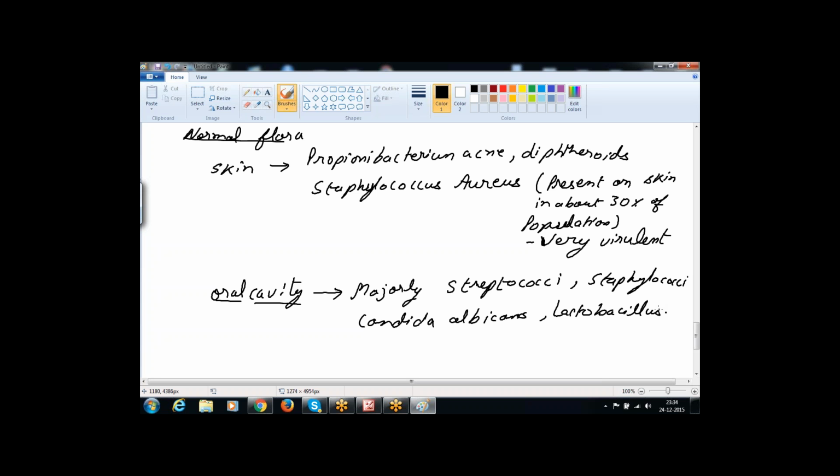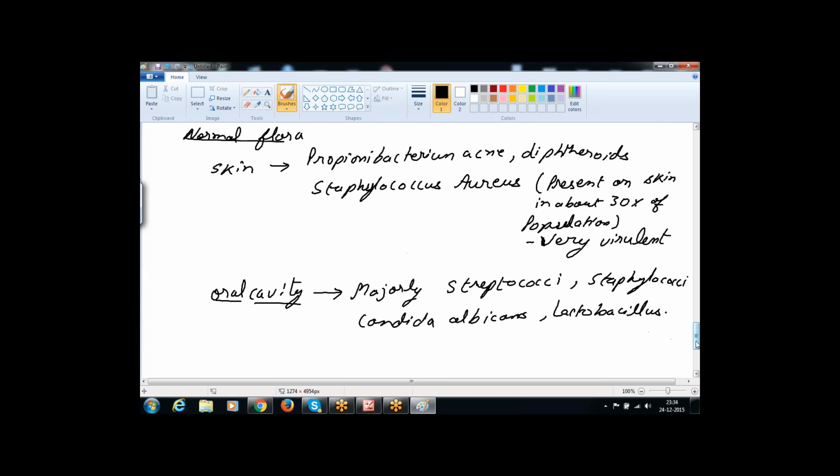Or there should be some localized problem. For example, an ill-fitting denture. So something wrong with the denture or prosthesis, it might start growing under that prosthesis. So some problem must be there. In a healthy person, it will not cause problems. Hence, it is normal flora.